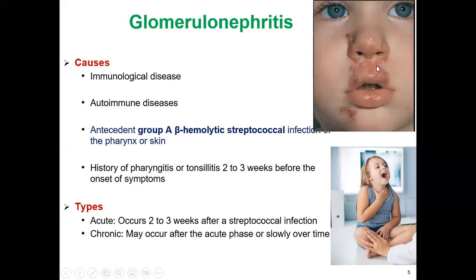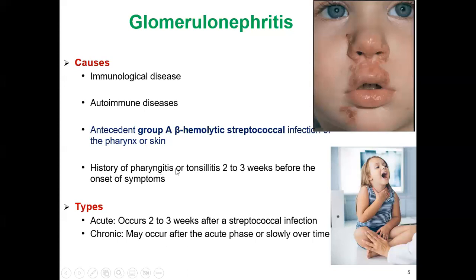In this picture, we can see impetigo on the kid's skin, and this picture shows a sore throat because of group A beta-hemolytic streptococcus. If both cases are untreated or maltreated, these two infections can cause glomerulonephritis in the kidney.